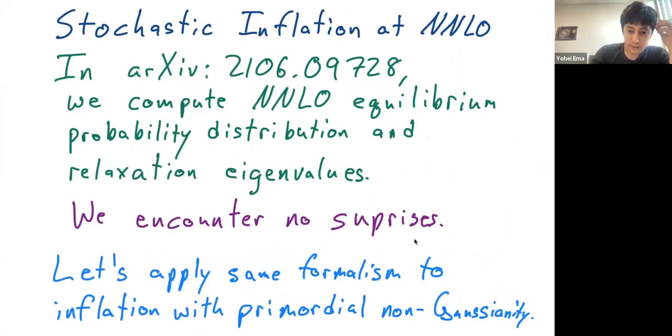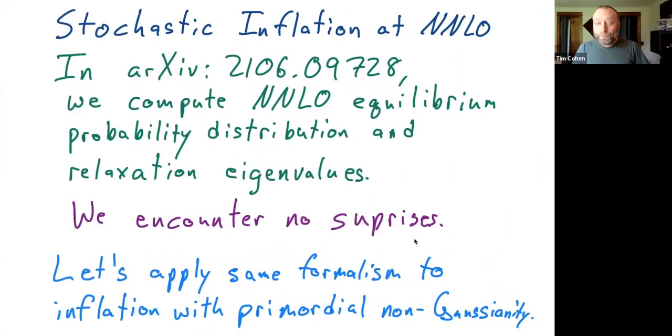I'm already 7 minutes over. So the whole point of this was to give you a flavor for how we do these calculations, what the technology we developed was. When we applied the formalism to this first example and computed this next to leading order equilibrium distribution for just a light scalar field in static de Sitter space, we encountered no surprises.